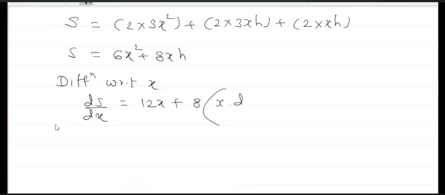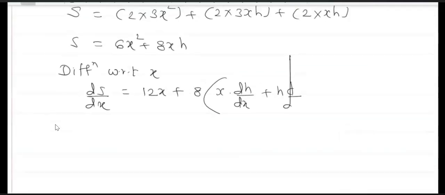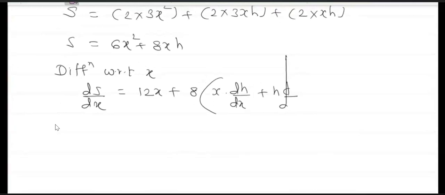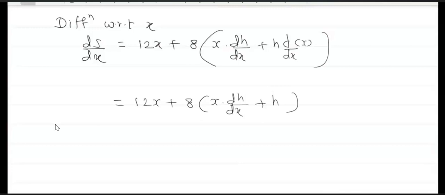Now differentiate this with respect to x, that is 12x plus 8 into the product rule, that is x into dh upon dx plus h into the derivative of x. That is 12x plus 8 into x dh upon dx plus h.